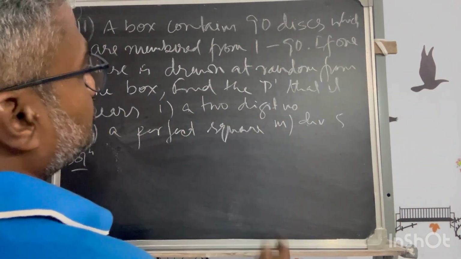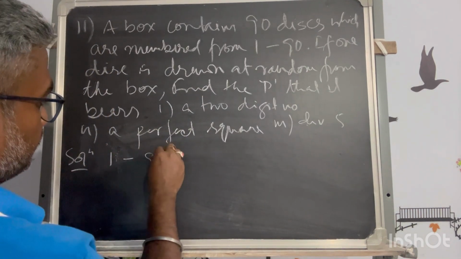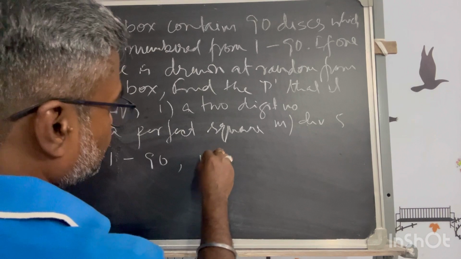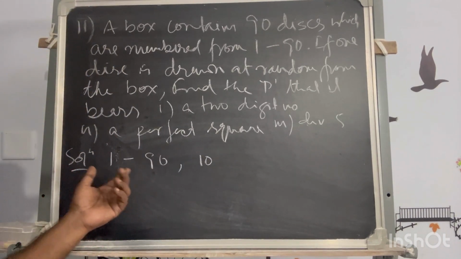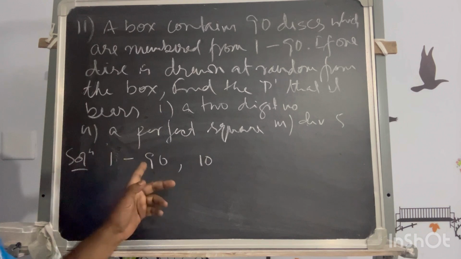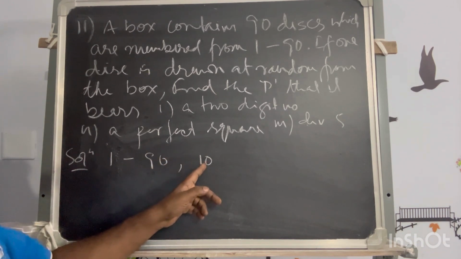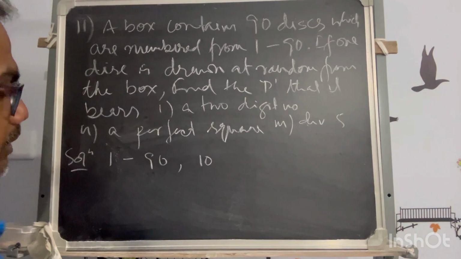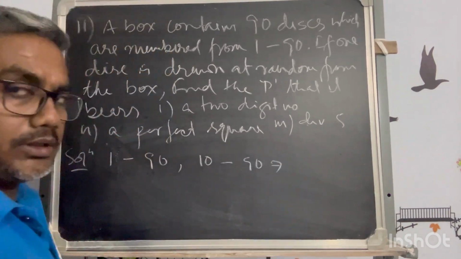A two-digit number: while we are counting from 1 to 90, your two-digit numbers start from 10 till 90. So if I say 1 to 90 is 90 numbers, discarding 1 to 9, from 10 onwards to 90, how many numbers will there be?